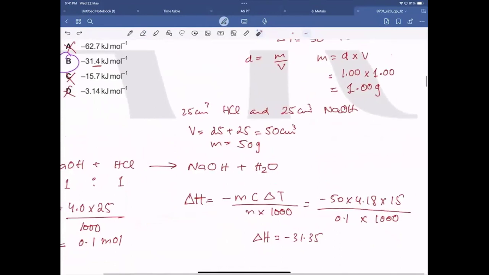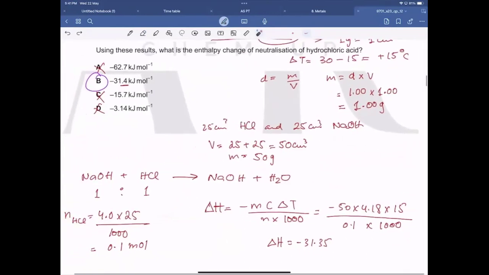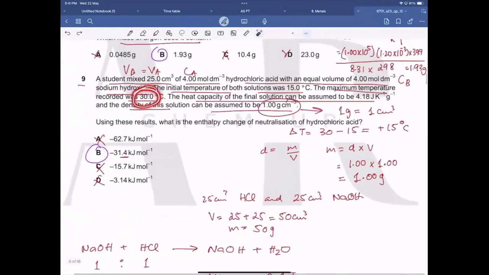Because it actually makes this value correct. If you see over here, the final temperature is 30 degrees Celsius and the initial temperature is 15 degrees Celsius. From 15 to 30, the temperature is rising, and if the temperature rises, it's an exothermic reaction.